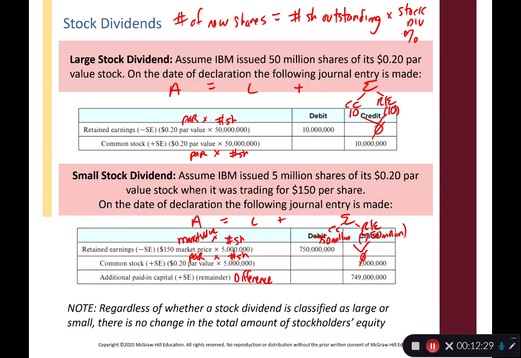In the examples we had here, we were given the number of new shares, the 50 million shares or the 5 million shares, but in a problem, if we're told that the shares outstanding are 1,000 and the stock dividend percentage is 10%, then the number of new shares would be 100.